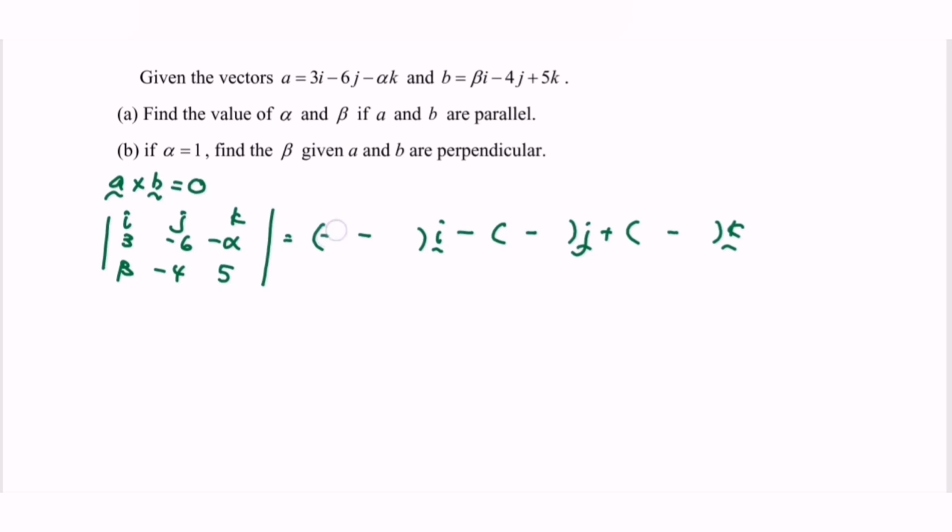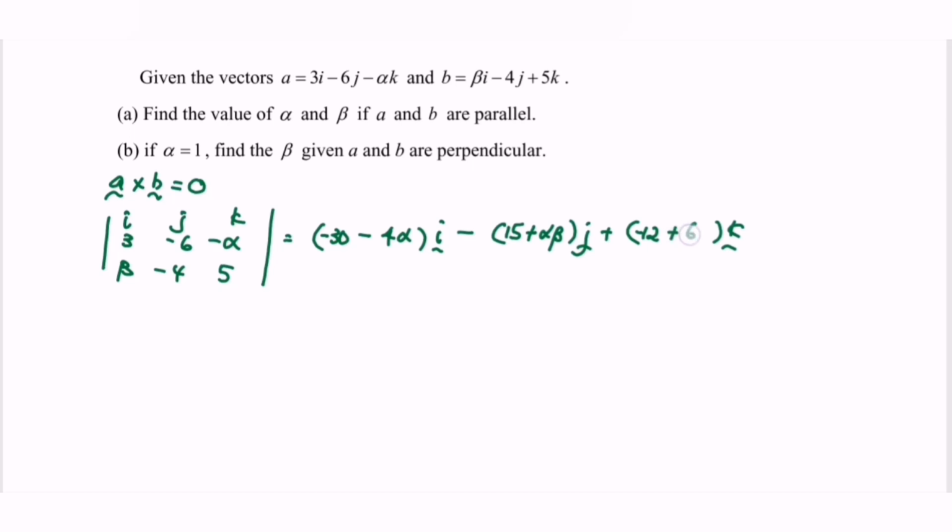So we will have negative 30 minus 4 alpha. Next, close up the j. So we will have 15 minus negative alpha beta, so plus alpha beta. Close up the k. So we will have negative 12 minus negative 6 beta, so plus 6 beta.